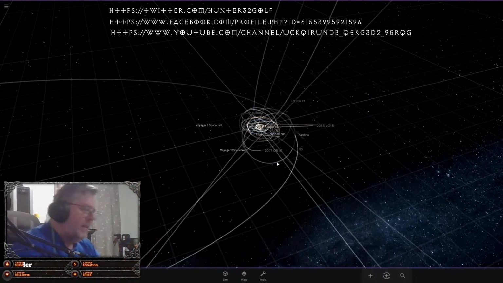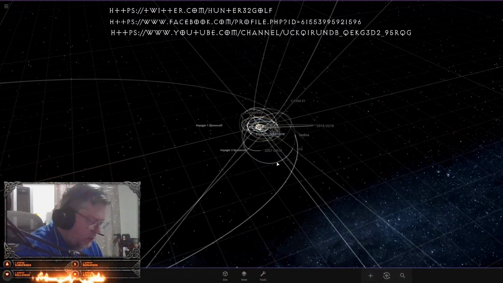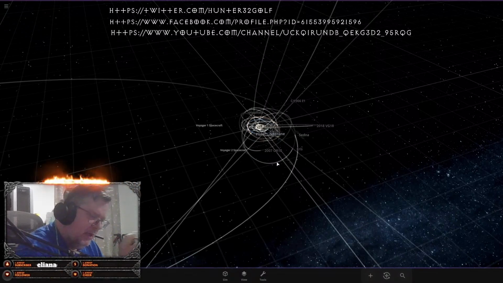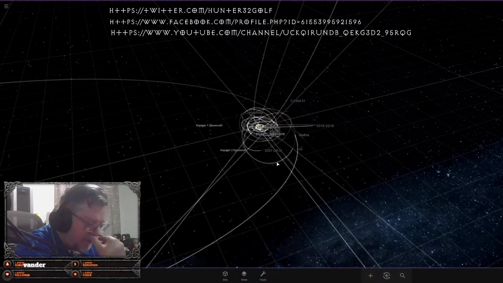So, where the interstellar medium and the heliosphere meet, we call that the heliopause. It's the border between our solar system and the interstellar medium.